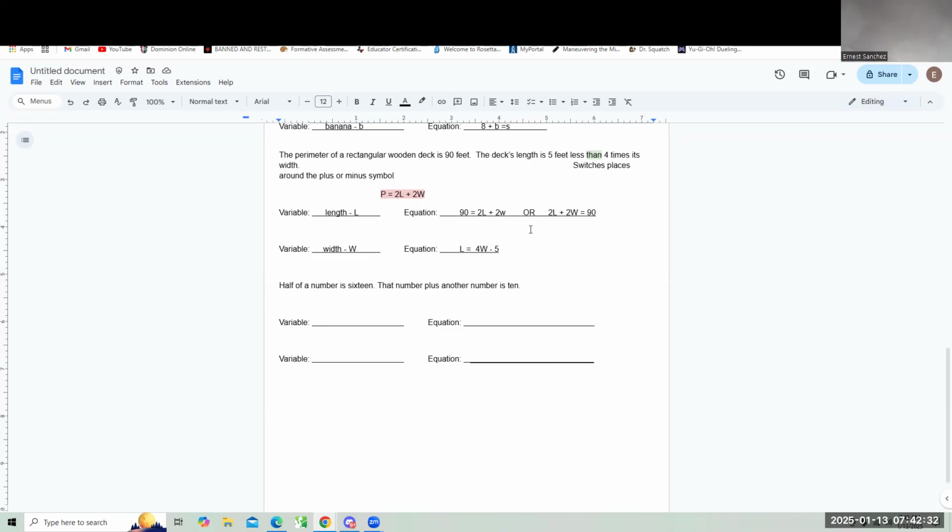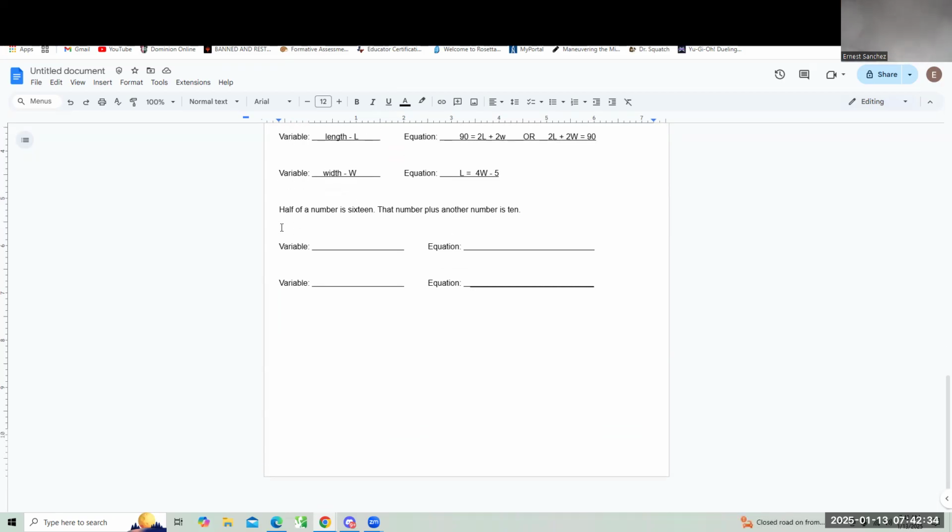All right, and then we're on to our last one. It says half a number is 16, the number plus another number is 10. So for my variable, I'm going to use n. Let's say this is x or whatever, right?